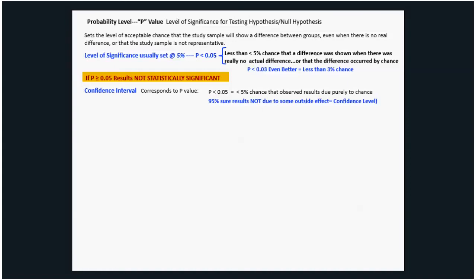The thing you need to remember is if your probability level is 0.05 or greater, you're basically saying that your results were not statistically significant. Now, when we talk about statistically significant, remember there's a difference between when we talk research, in the lab, a statistically significant difference, and then we talk clinical results.